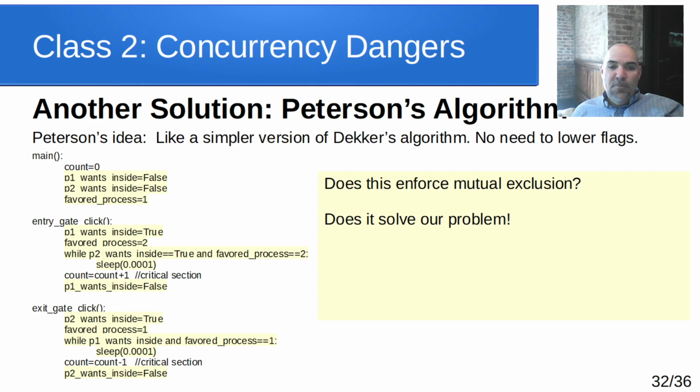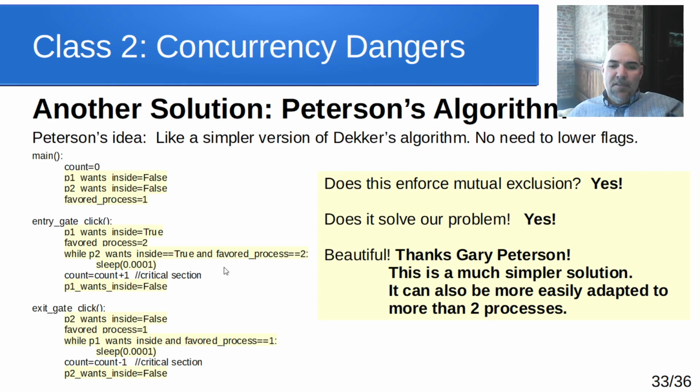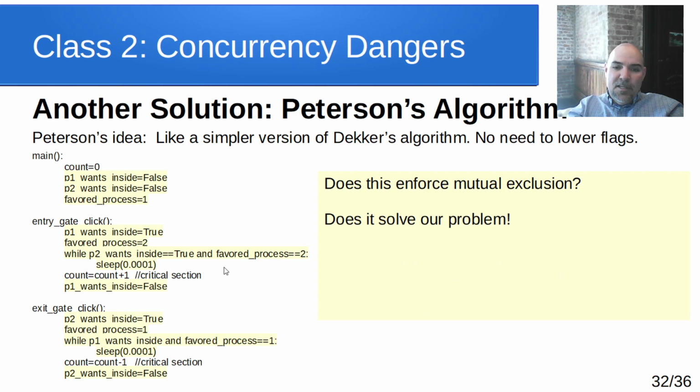So does it enforce mutual exclusion? Well, it's got Peterson's name on it. It's called Peterson's algorithm. Pretty simple algorithm. But yes, does it solve our problem? Yes. And this one is thanks to a computer scientist named Gary Peterson. This is a much simpler, more elegant solution than Dekker's algorithm, where you're lowering the flags and raising them over and over again. You can see that distinction in how much simpler the code is.